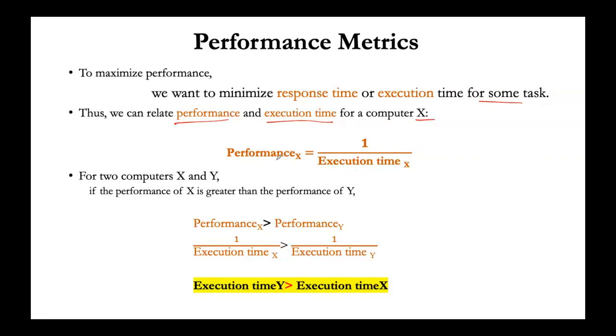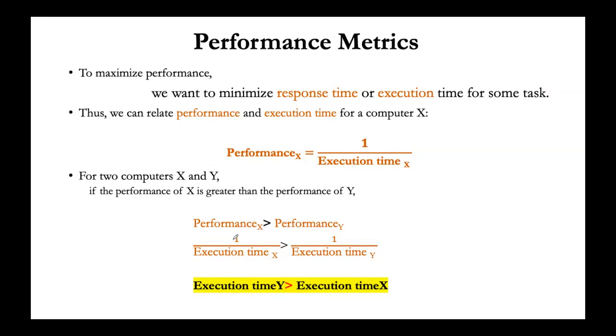So when we compare the performance of two computers, computer X and computer Y, suppose the performance of X is greater than the performance of Y. Then these performances are reciprocal to their execution time.